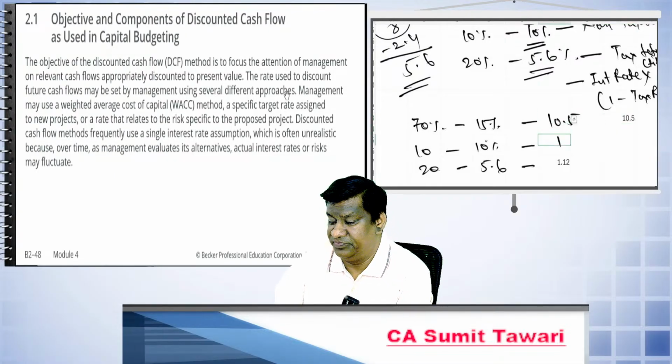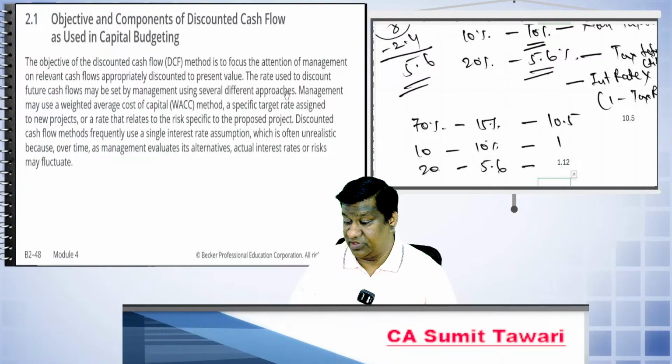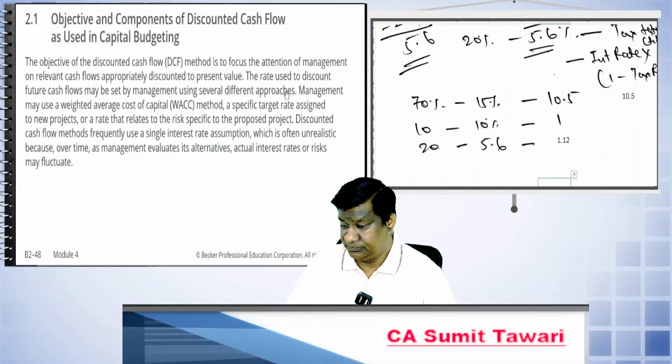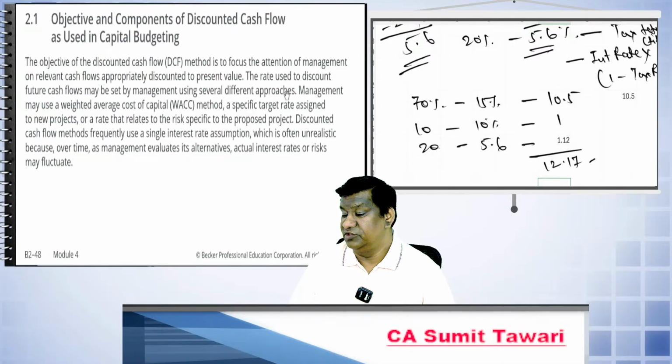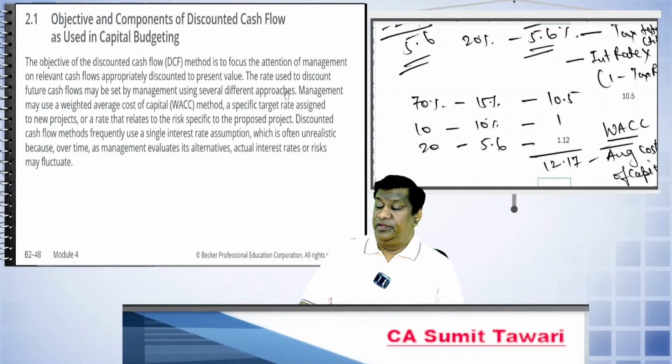And if I add together, so it is 10.5 plus 1 plus 1.12, 12.17%. So that is my weighted average cost of capital. Clear?